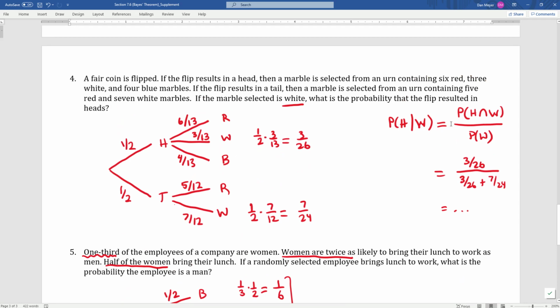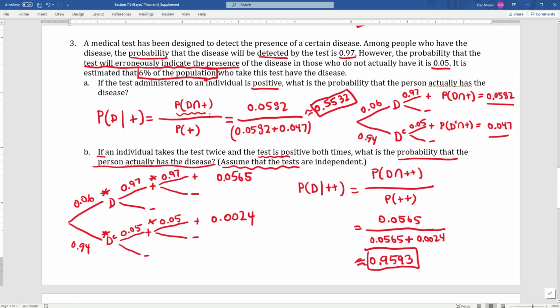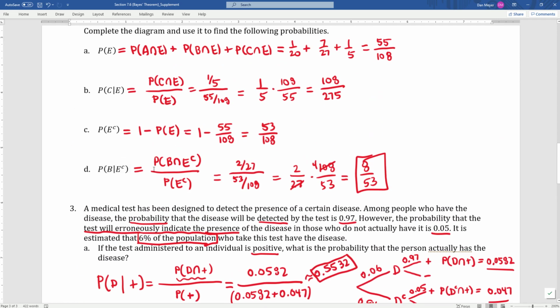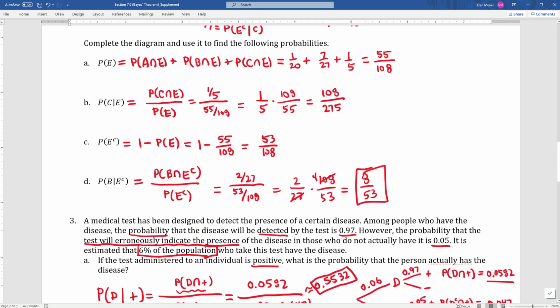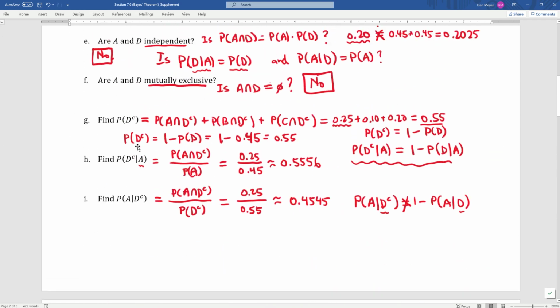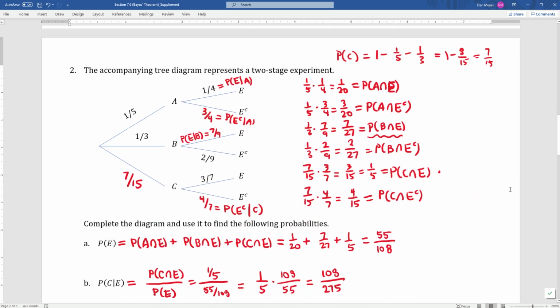Up here, when we found these conditional events, basic conditional probability formula. The very first one, there's a conditional probability, basic conditional probability formula. Over and over and over again. So the basic conditional probability formula is a big deal.